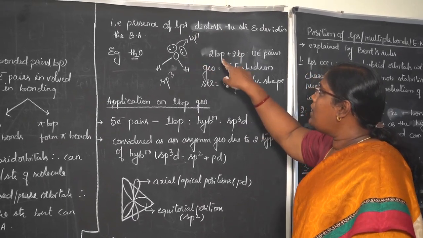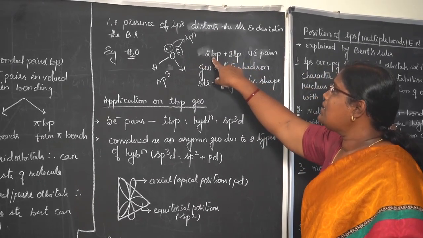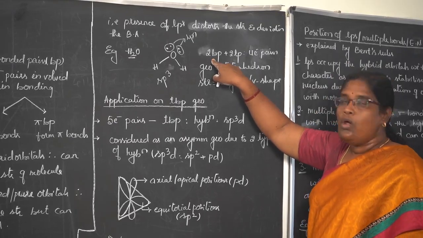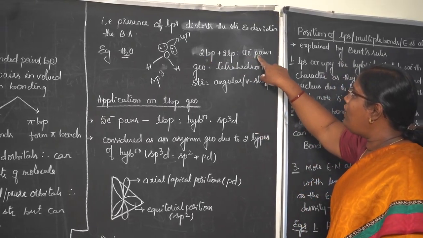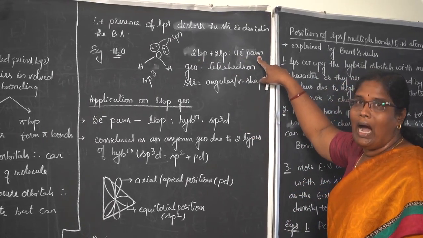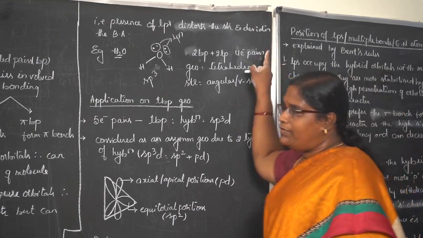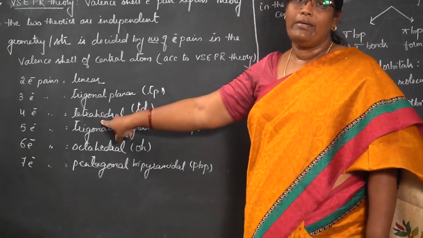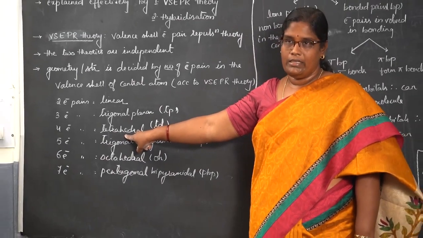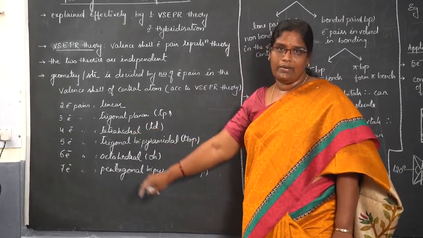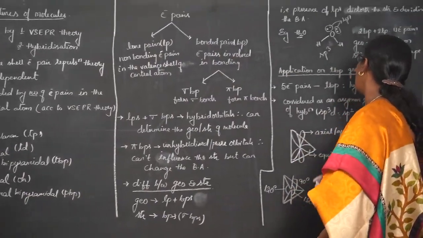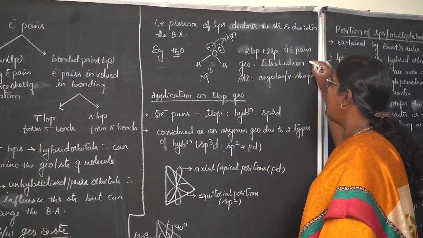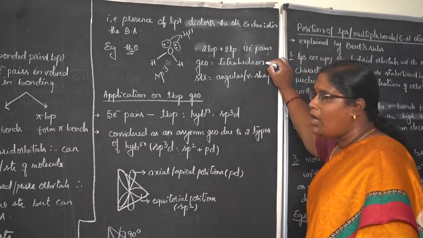On the whole, the number of electron pairs in the molecule is 4. So if the number of electron pairs is 4, the geometry must be tetrahedral. So we say that the geometry is tetrahedral here.